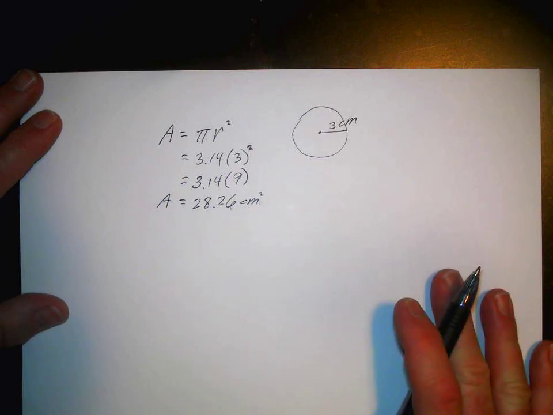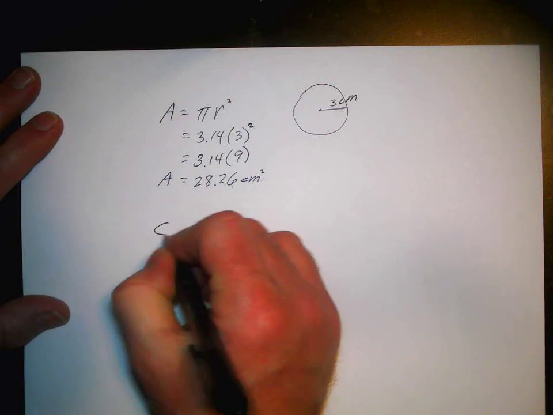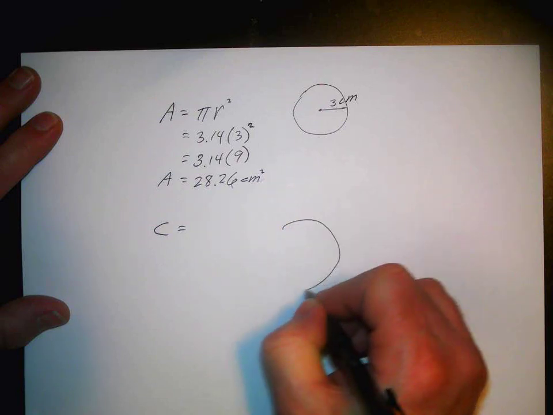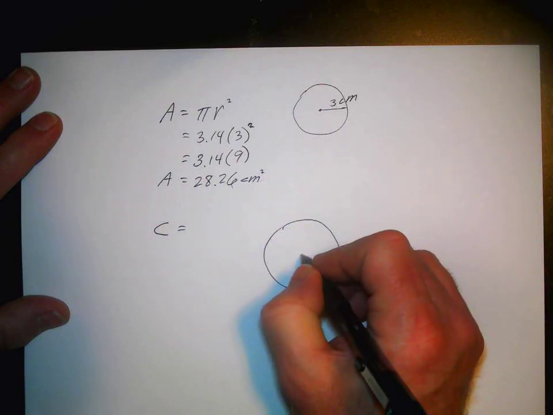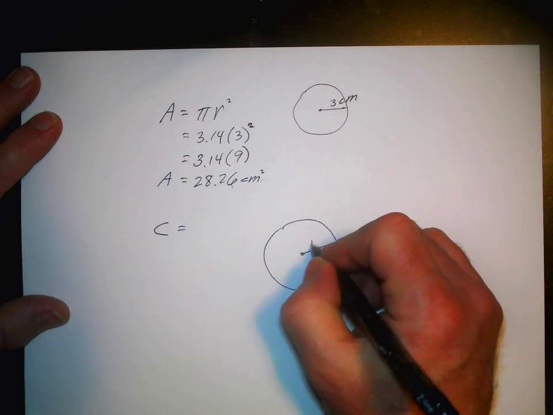Okay. Now the other thing that we're concerned about with circles is how the circumference works. Circumference is the distance around the circle, and it is also compared to the radius.